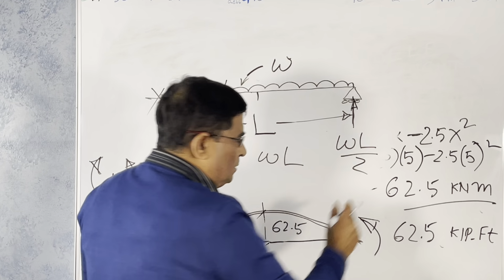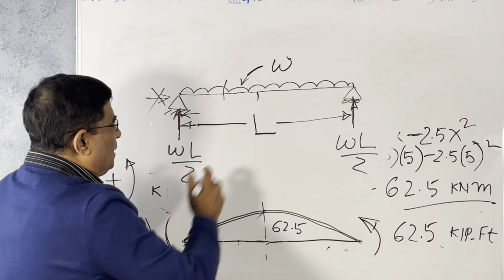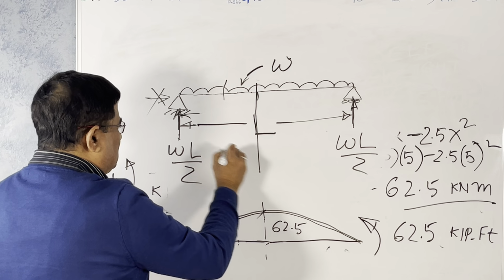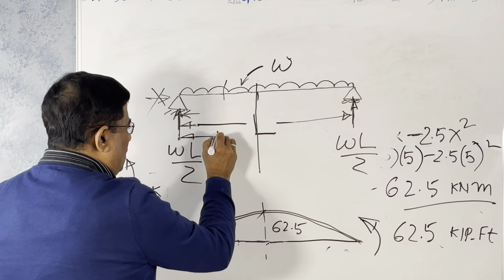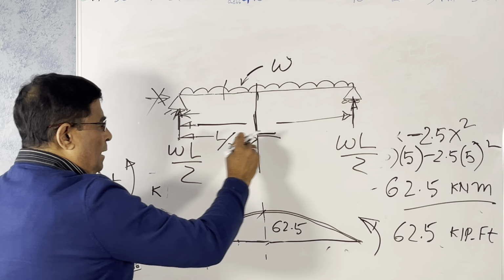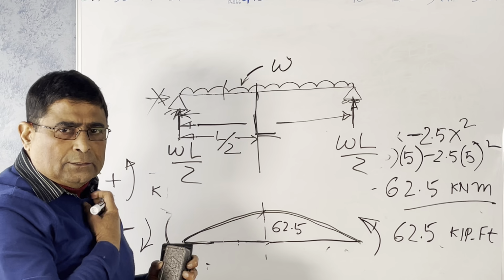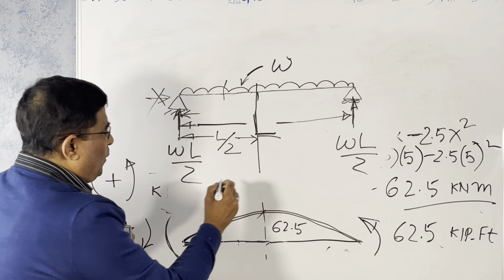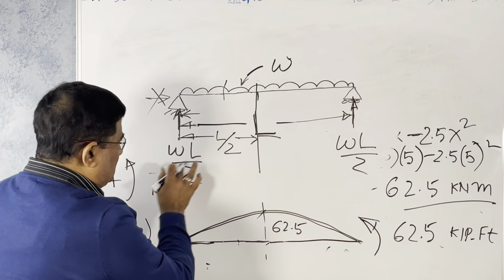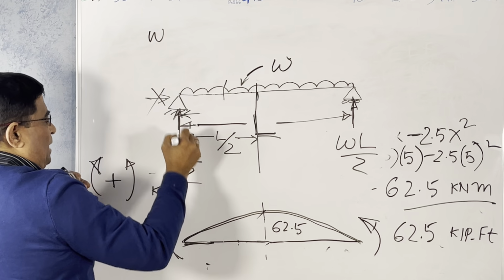This is the reaction. Okay, so you know that at the middle this is the maximum. So what is the distance to the middle? It is L over 2. If this is length L and this is half of L, correct? So what is the moment here? If you calculate this moment there, this is WL, this is the reaction.